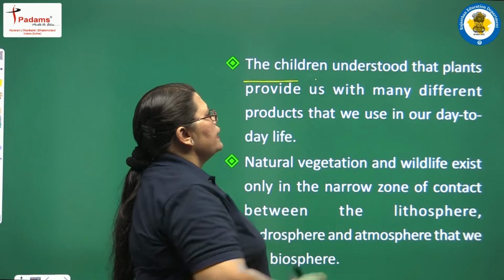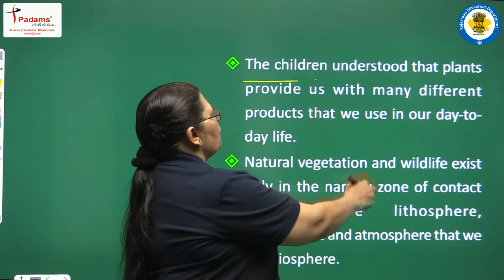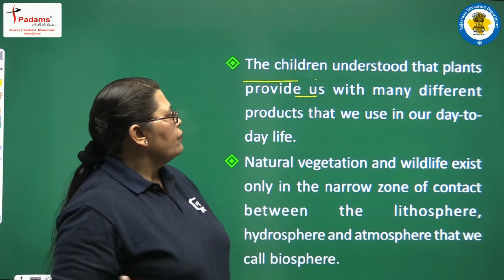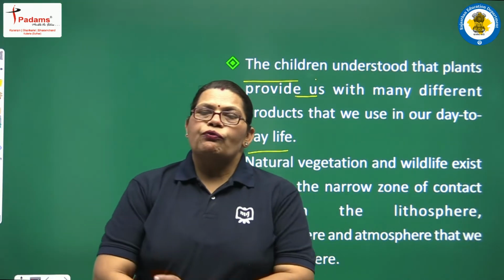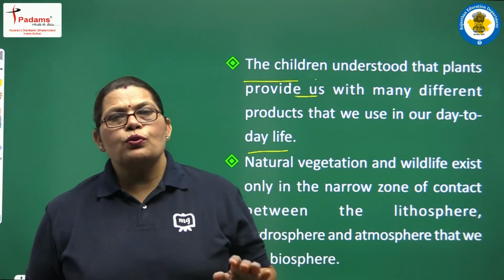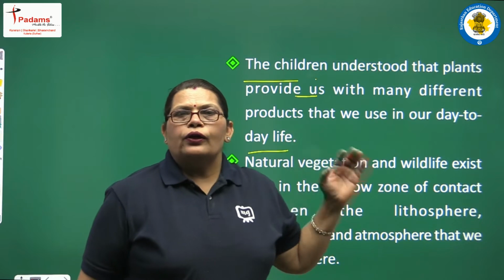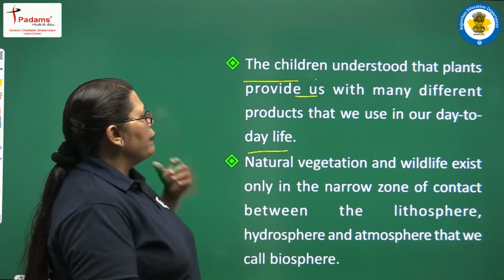Another example, see here, the children understood that plants provide us with many different products that we use in our day-to-day life. Yes, it is the real truth that from plants we are getting so much benefit, so many different things, and these are only some examples of plant material.